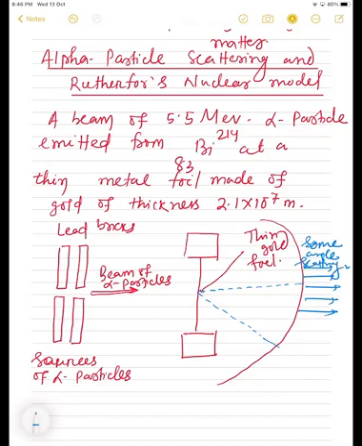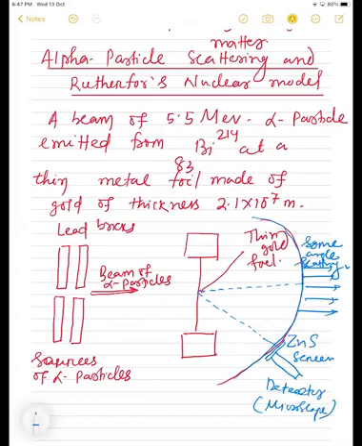And this red line that you are seeing is the ZnS screen, the zinc sulfide screen. And there was a detector microscope here. Just draw it, students. Understood?